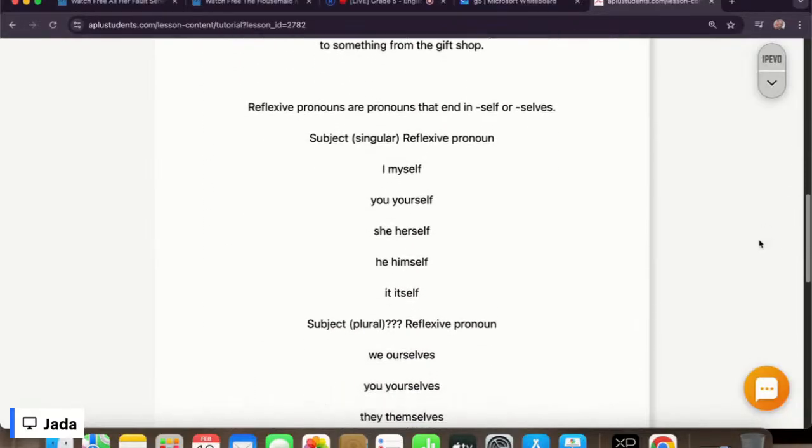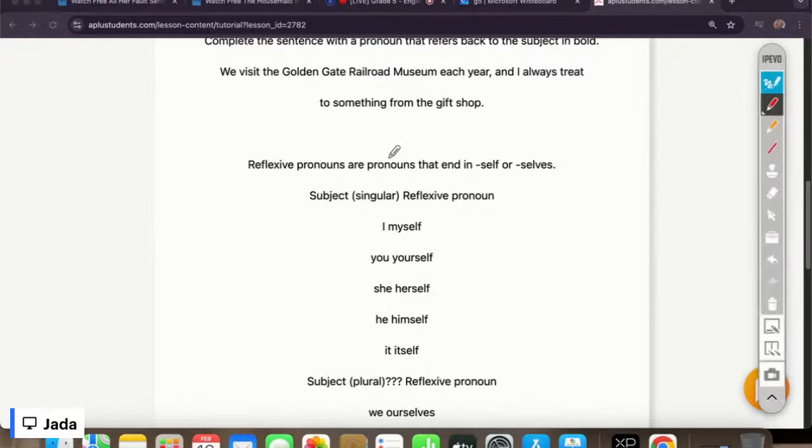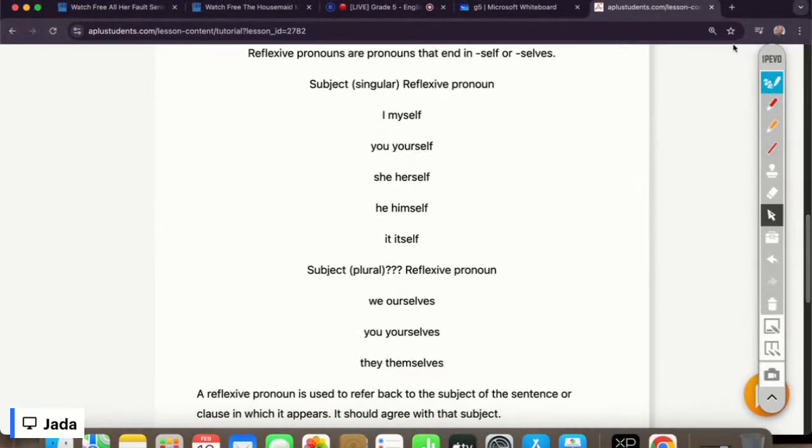All right, so we have used reflexive pronouns, and we know that reflexive pronouns end with self and selves. So for the singular, they end with self, and plural, they end with what? Selves.